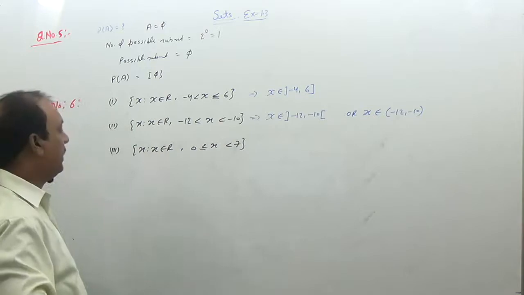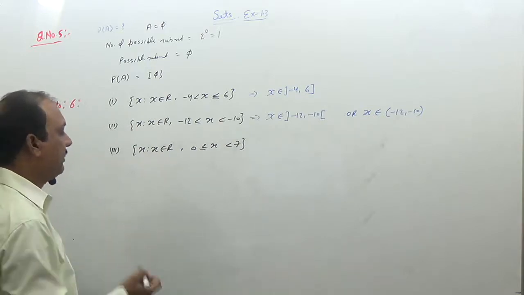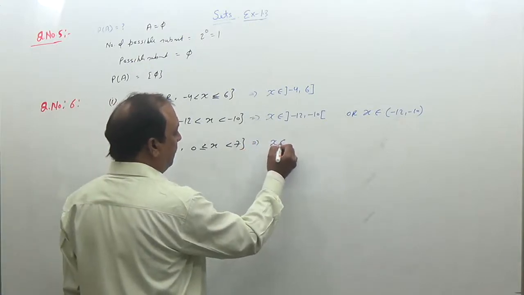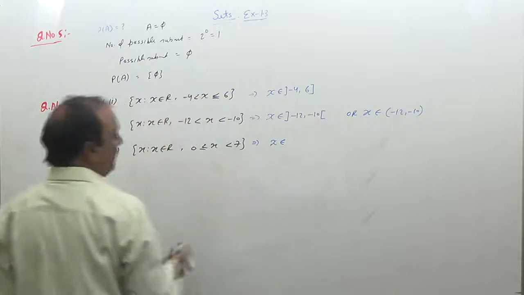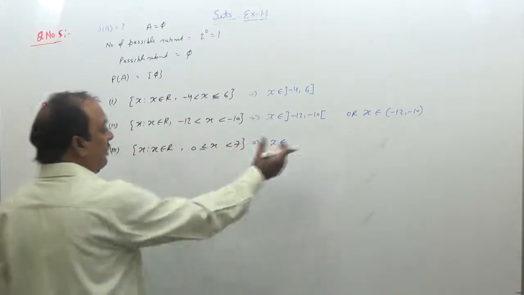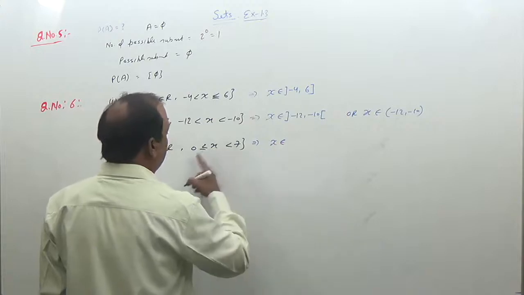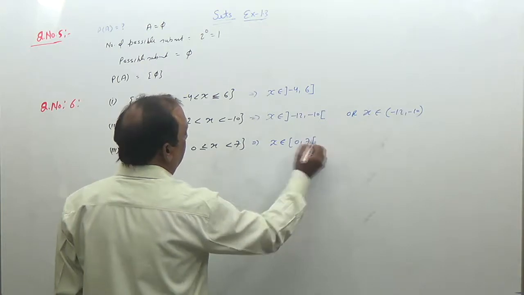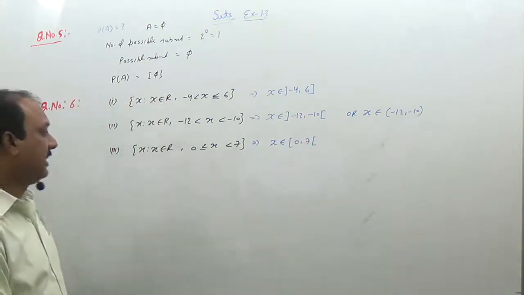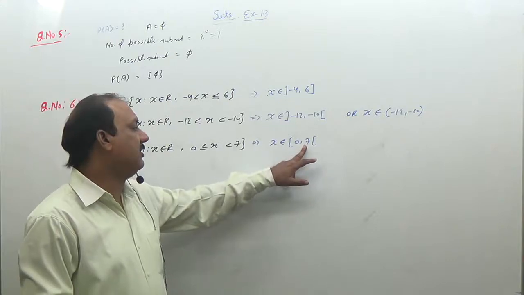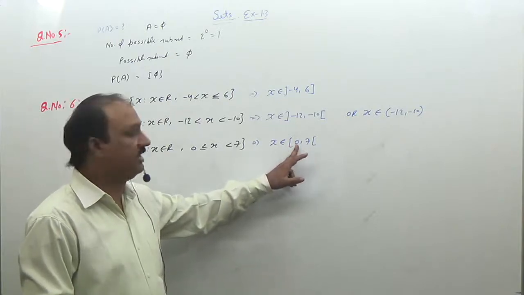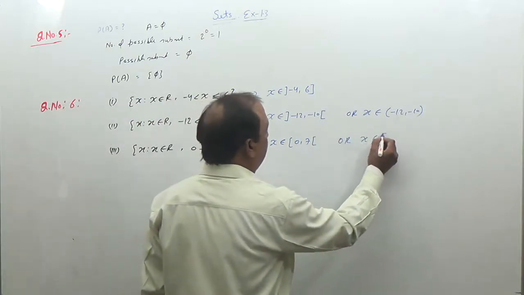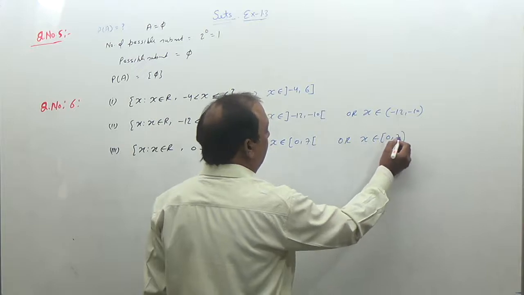So this is a set of real numbers written in the set builder form, and we want to write it in the form of an interval. Roster form we will not represent, so we denote it by an interval. So x is the close-open interval, close at 0 and open at 7. This means the set of all real numbers which are less than 7 and more than or equal to 0. We can also write it as x belongs to close 0 to 7 open.